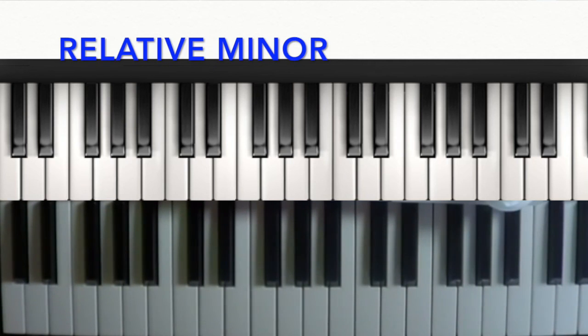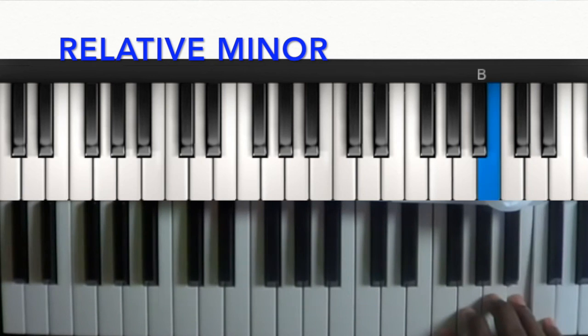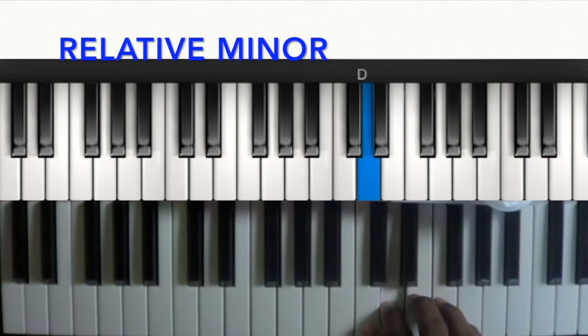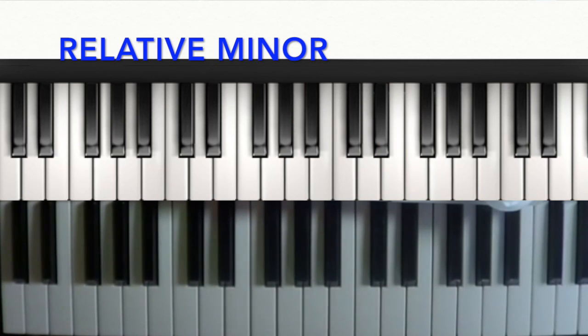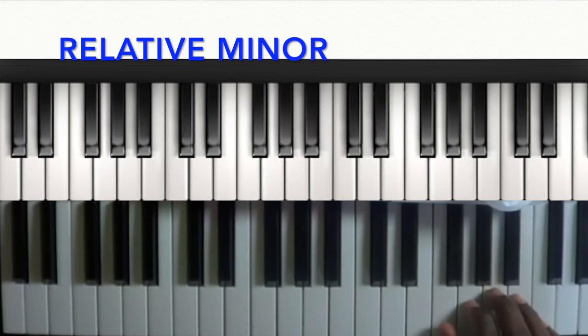Let's look at C. We know C goes like this. Remember some time ago in a previous episode, we said we're looking at these note names and we're replacing them with numbers. So we'll go 1, 2, 3, 4, 5, 6, 7, and we're back at 1.